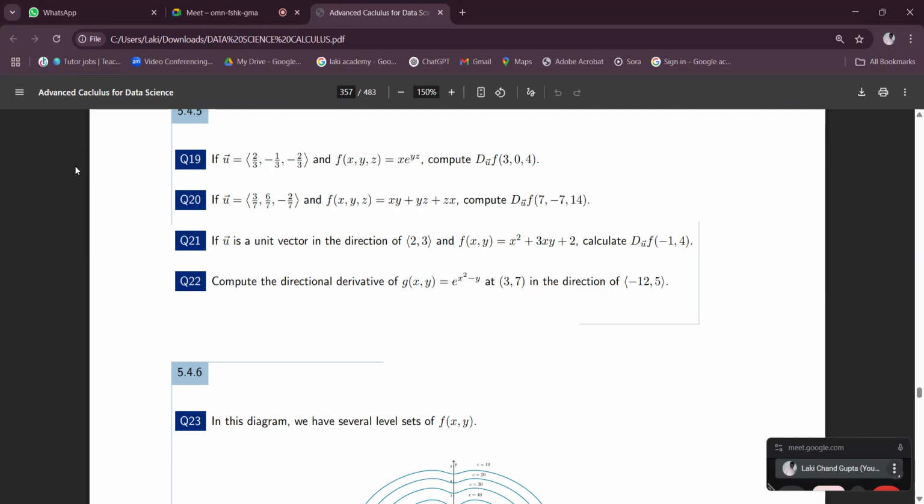Can you try 19? 19 or 20, anyone? So we have the unit vector (2/3, -1/3, -2/3), and f is x e to the power yz. Compute the directional derivative.